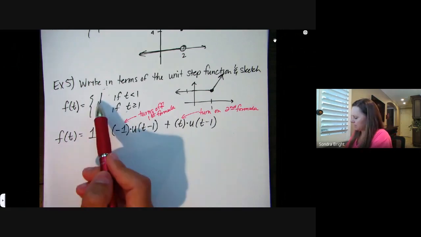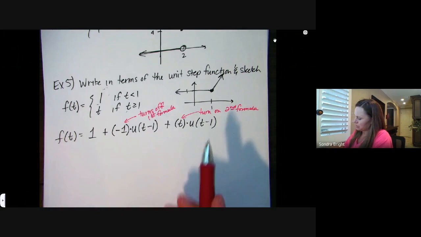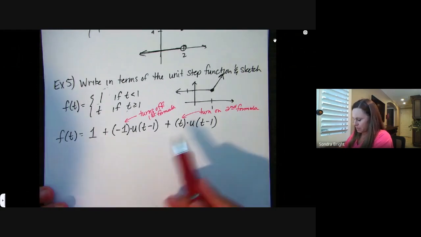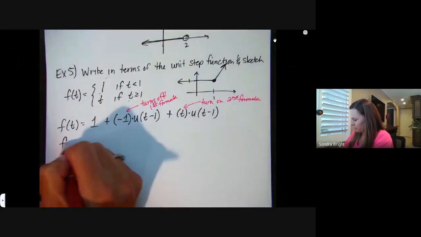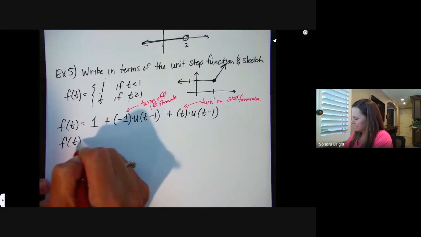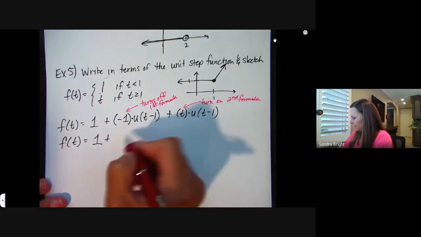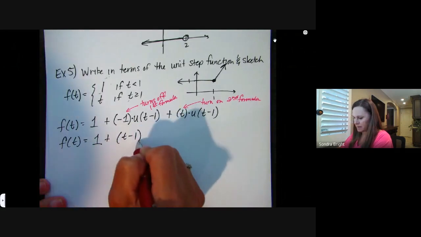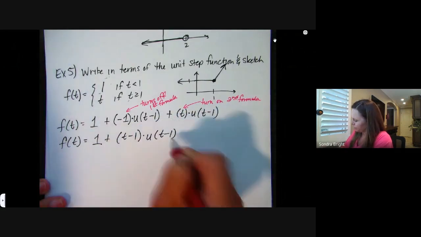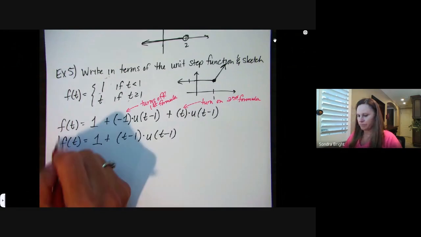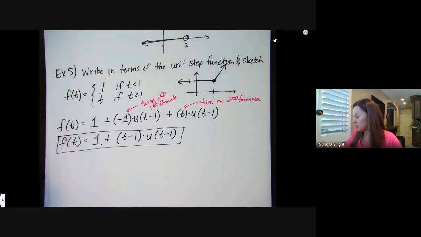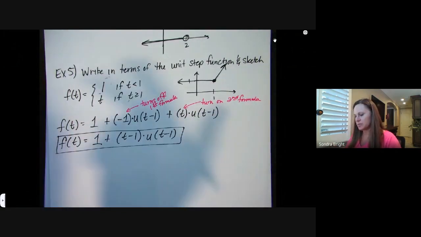And then add the t. But these guys you could combine so that your answer is, you're going to start off with a 1, and then it's a plus a positive t and a negative 1, so t minus 1 times u of t minus 1. That's how you write it in terms of the unit step function, because you're writing it in terms of u.